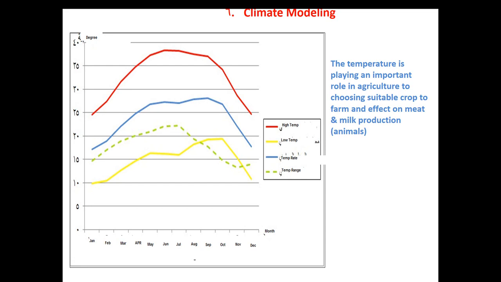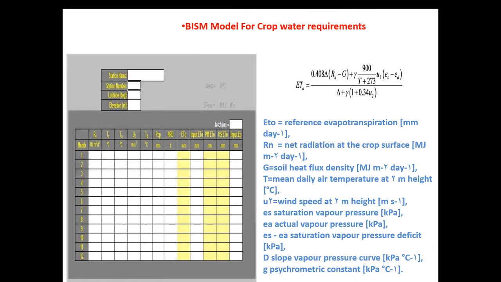Here in our area we will apply a GIS model for modeling crop water requirements. I mean ETo, evapotranspiration, which depends on solar radiation, temperature, actual vapor pressure, saturation vapor pressure, and wind. We can enter all data collected from the field into the model.